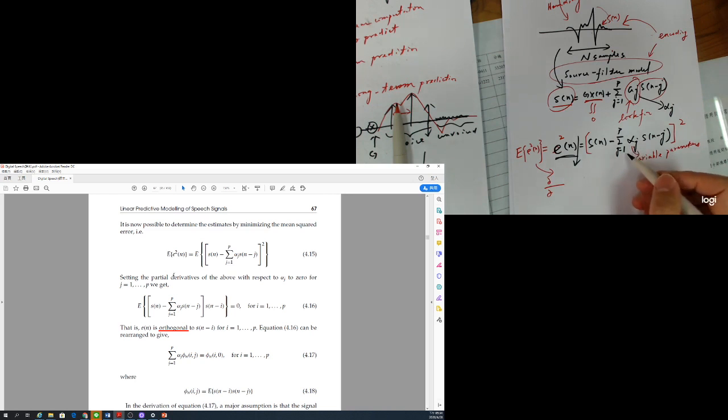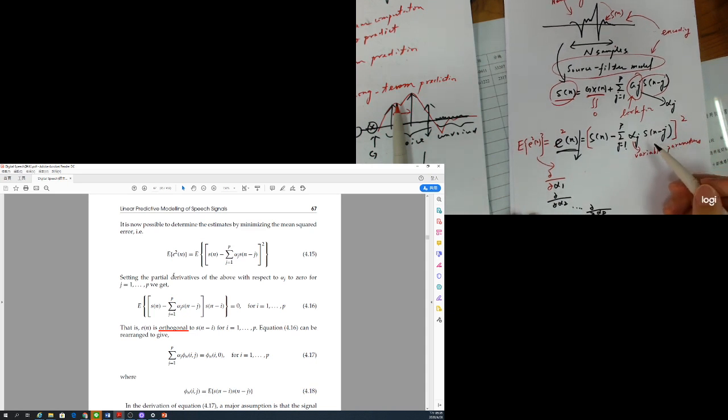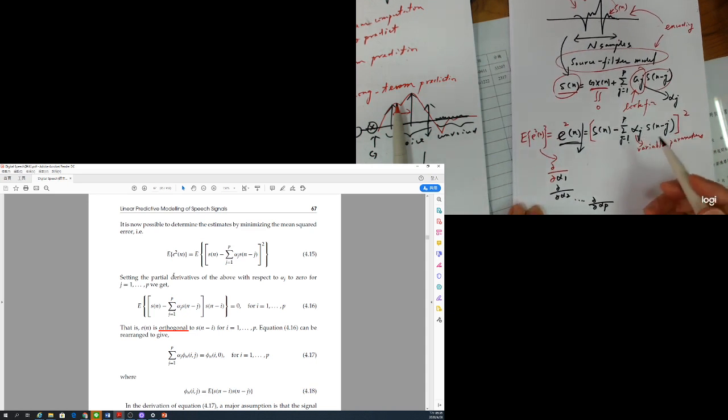We have components 1 to p, so we take the partial derivative by alpha 1, by alpha 2, and so on, up to alpha p.